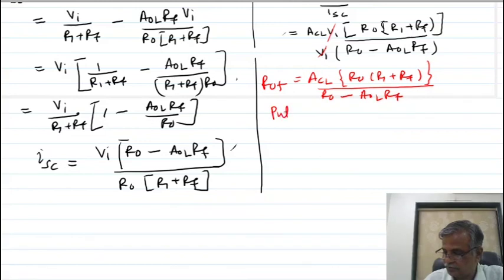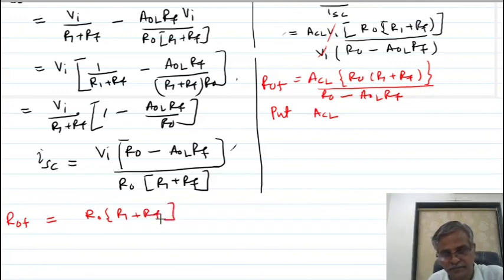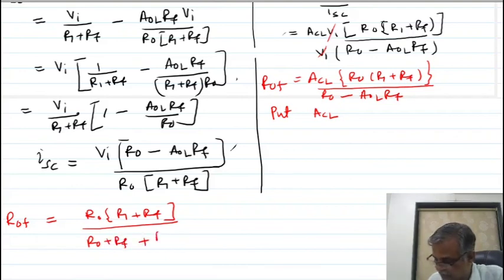Put the value of ACL derived in a previous section. So I will get ROF is nothing but, I can write, RO into bracket R1 plus RF upon, you can write, RO plus RF plus R1 into 1 plus AOL.